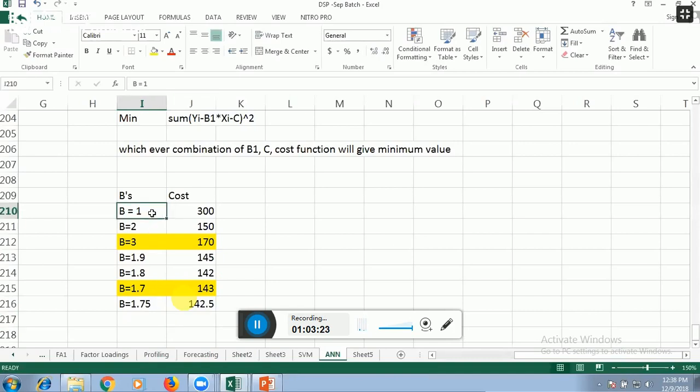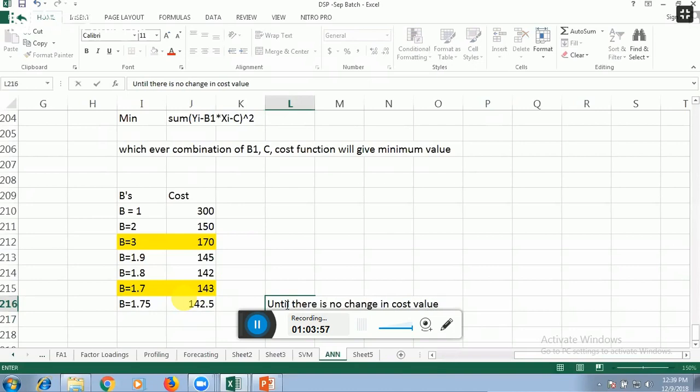So I can reach convergence, the solution whichever is minimum. Yes or no? So until there is no change in the beta. See, we started with 1 and now we reached 1.75. Now after 1.75, if I'm changing my betas, if there is no change in the cost, that means we will not change anything in the beta, right? So this process we will continue until there is no change in the cost value.